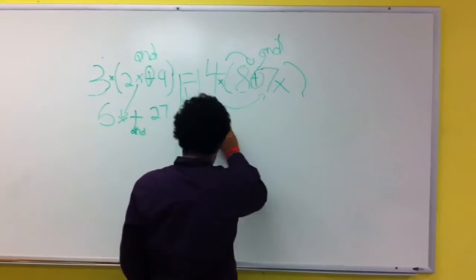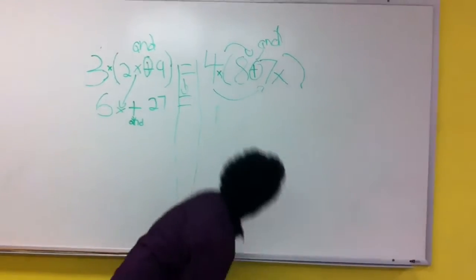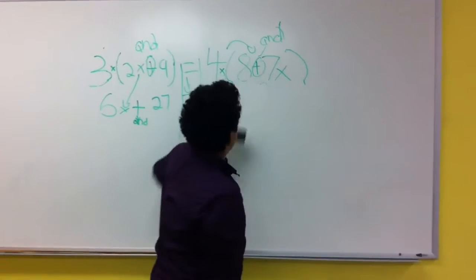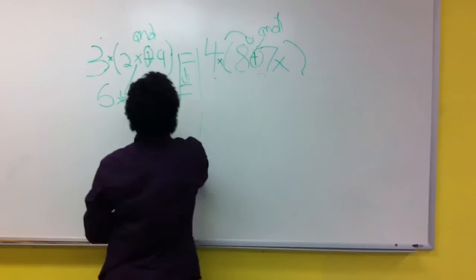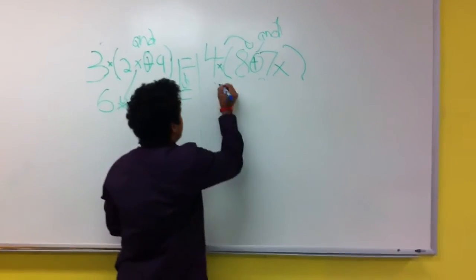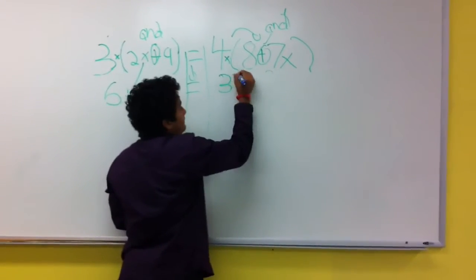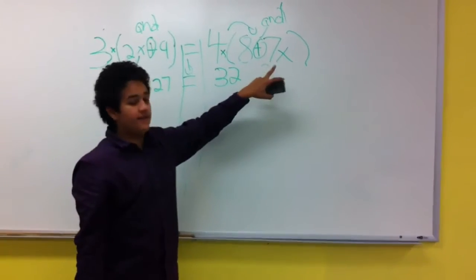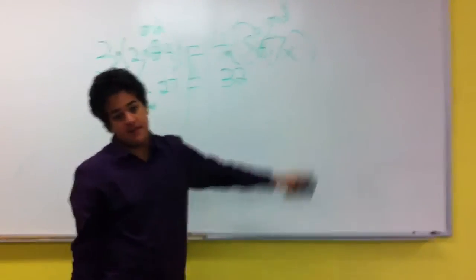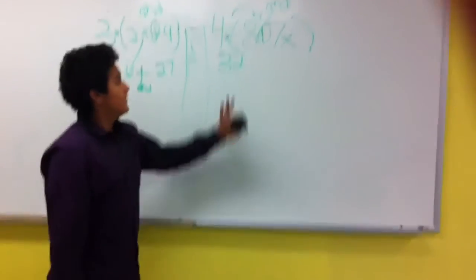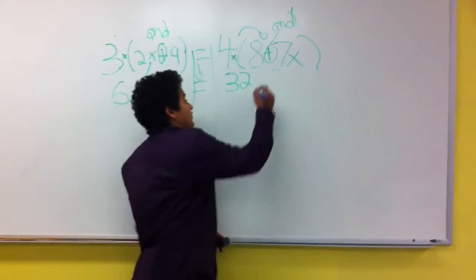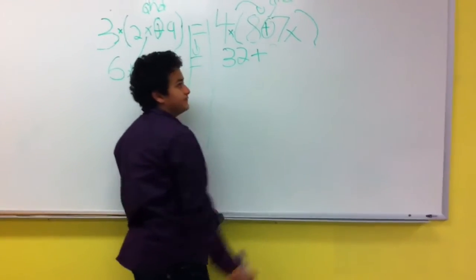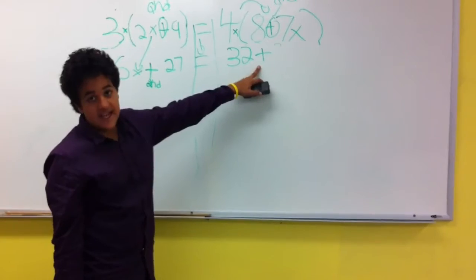Okay, sorry. Let me just pick up my eraser. This line just got in the way a bit. So you're going to want to follow it on a straight line like this. So you're going to want 32. And then you're going to do 4 times 7x. And 4 times 7 is 28. So since it's a positive, you're going to write plus, which really just means and.